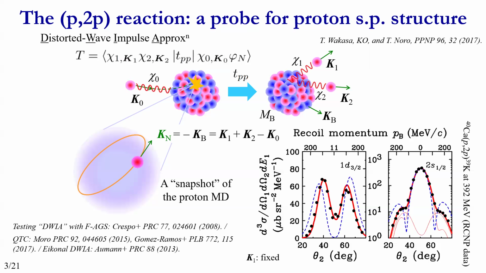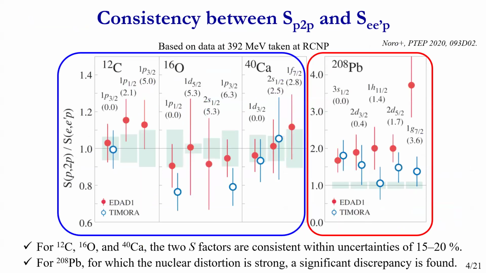Uncertainty quantification will be necessary, but let me say, at this moment, the distortion effect is under good control. So far, I have mentioned only the shape of the cross section, but also important is the height, the magnitude of the cross section. By that, we can extract the spectroscopic factor, the measure of the single particle structure.